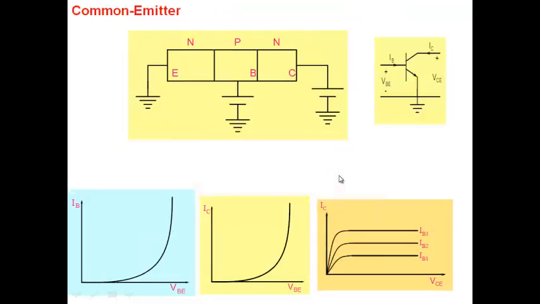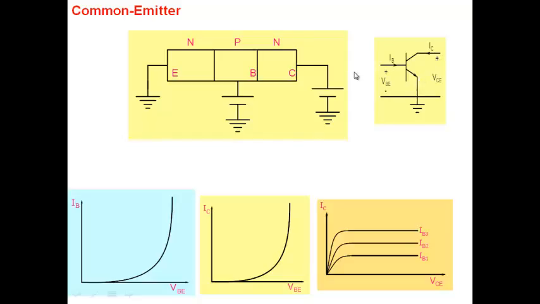All right. I can also operate my transistor in common emitter mode. Common emitter mode, note that emitter becomes my reference terminal, and the input side is base emitter, and the output side is collector emitter.